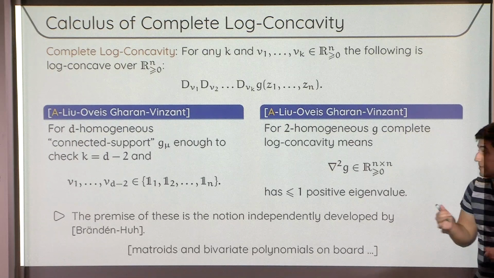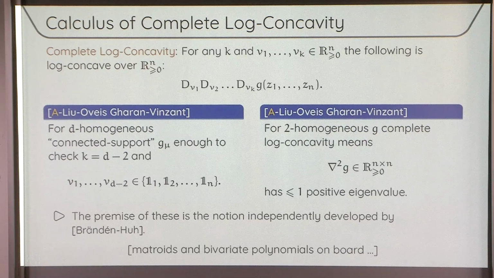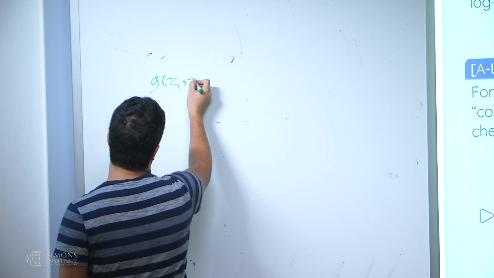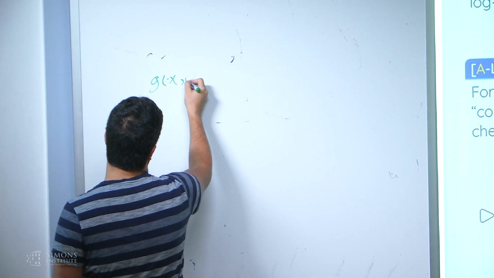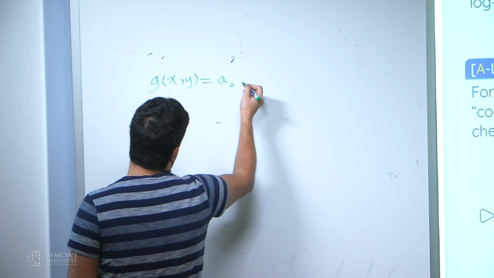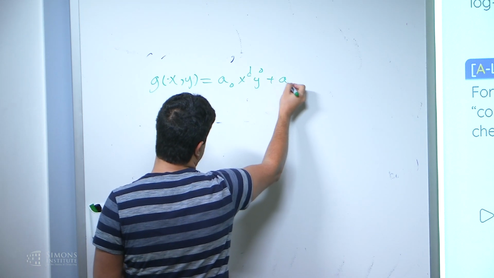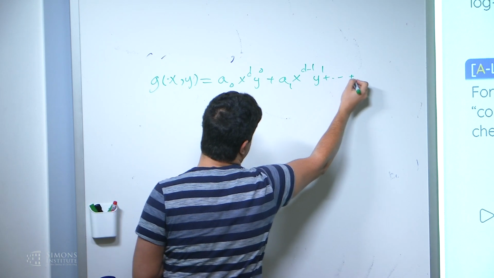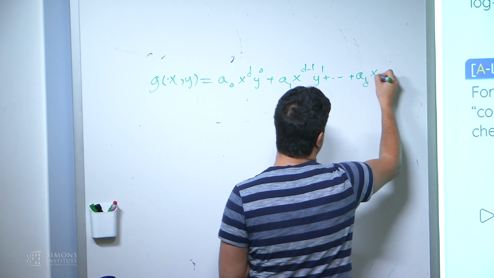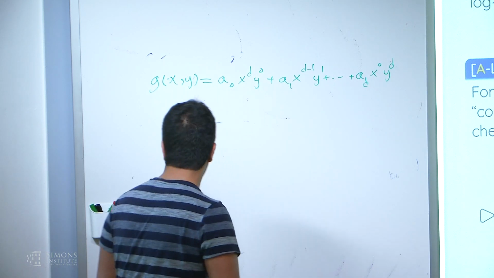If you have a bivariate homogeneous polynomial, it's associated to basically a sequence, because g of x and y is always of the form a0 x^d y^0 plus a1 x^(d-1) y^1, up to ad x^0 y^d.